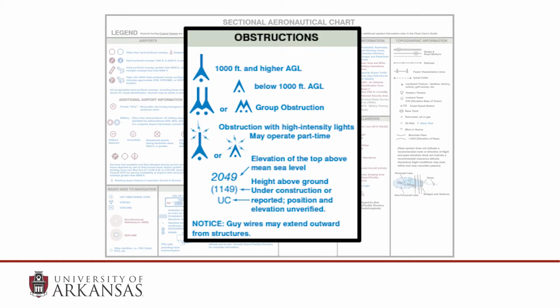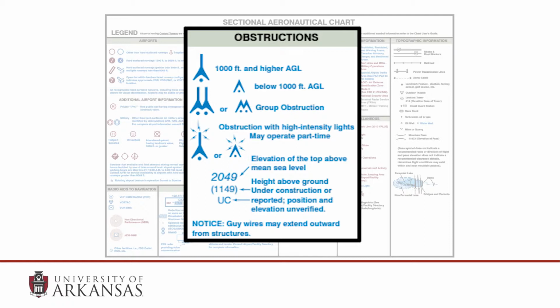The 2 altitude descriptions that you will often hear used are MSL, or mean sea level, and AGL, or above ground level altitudes. The AGL altitude is reported in parentheses and is either the final height of the obstruction or the last verified height.